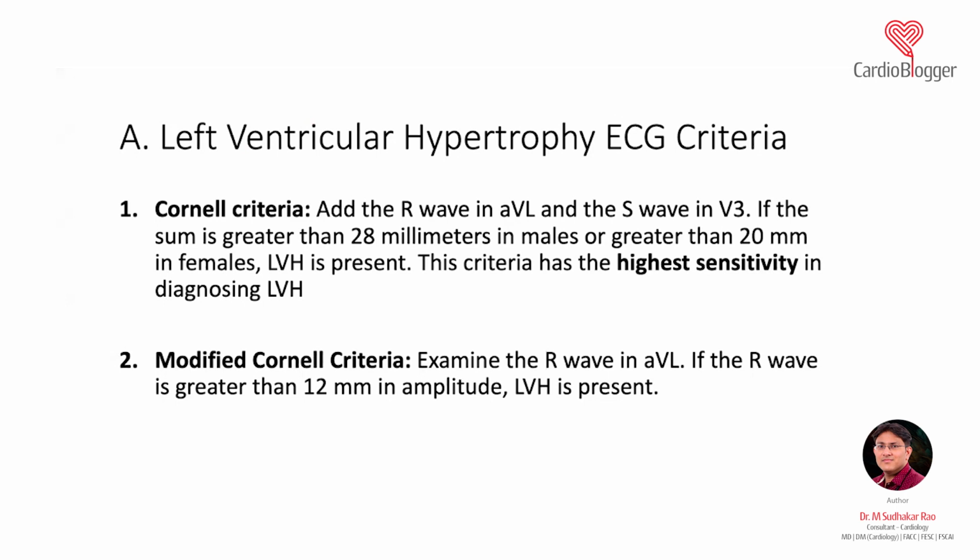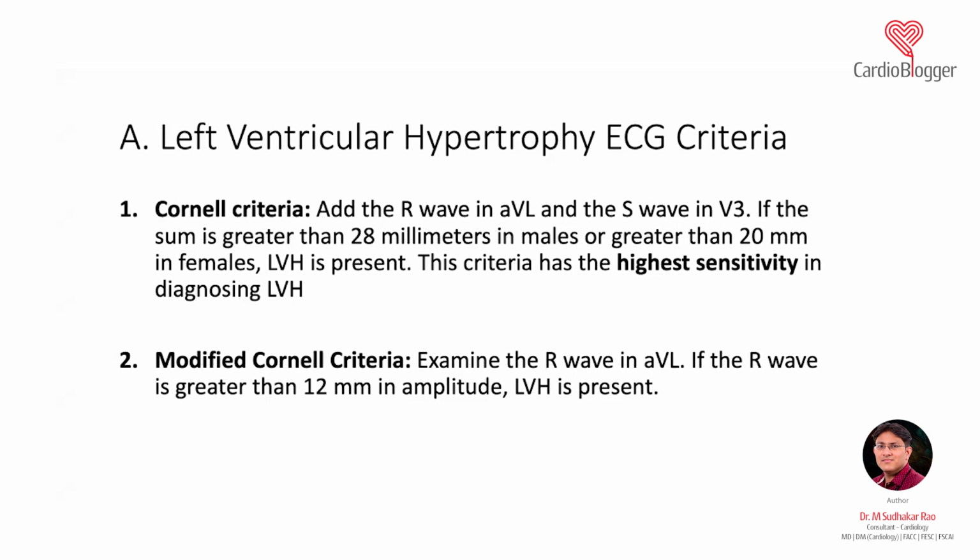Right ventricular hypertrophy again has many causes like mitral stenosis, pulmonary artery hypertension, tetralogy physiology, pulmonary stenosis, and many other things.